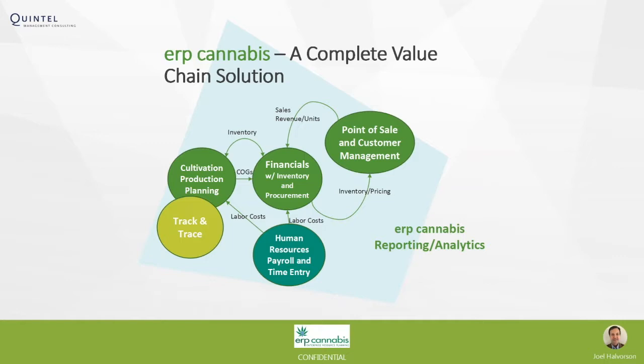So as you can see from this chart, there are a number of different modules that go into the ERP Cannabis solution. It's a complete value chain solution that includes the financials, the front end in terms of retail sales, and also the back end in terms of cultivation and production planning, which is what we're going to focus on today.